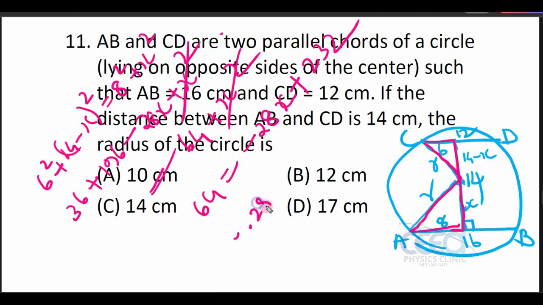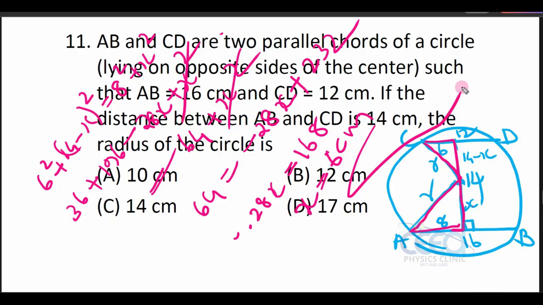Now 28x is equal to 232 minus 64, that is 168, right. Then what is x? x is equal to 168 by 28, yes, 6 centimeter. So 6 centimeter is the answer. That is the x value, right.